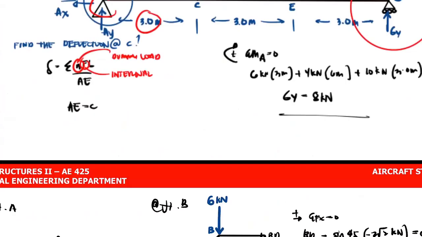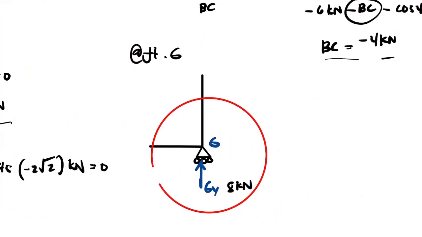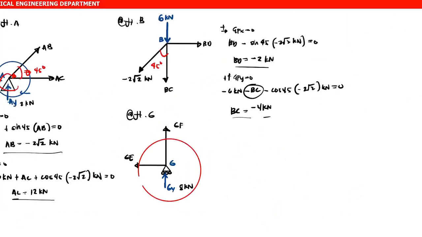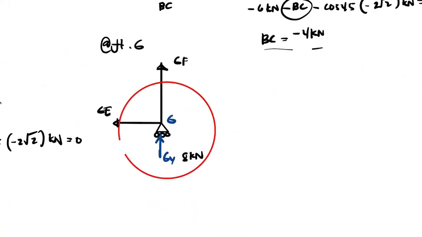Okay, so GY, meron tayong value ng GY 8 kilonewton. Okay, and then assume tension sa ating G. So ito is GF, may element GF, and this one is element GE. Okay, so check natin. Okay, GE and GF. So makita nyo, summation forces X is equal to 0, going right is positive. Meron tayong negative GE is equal to 0. So therefore, GE is 0 member.